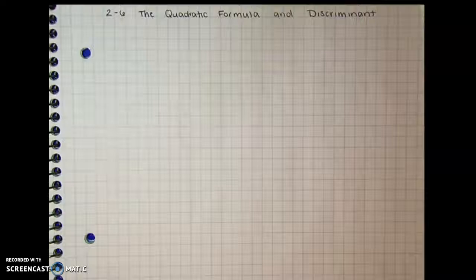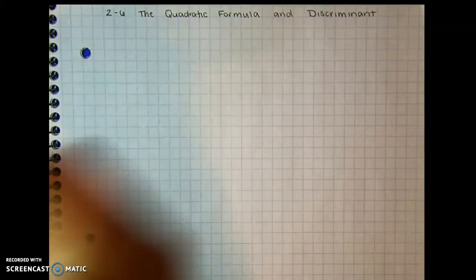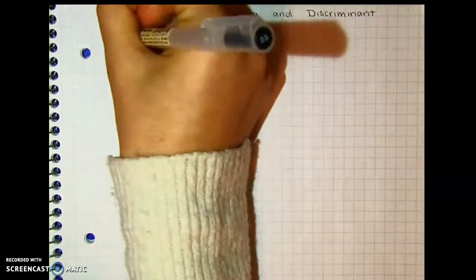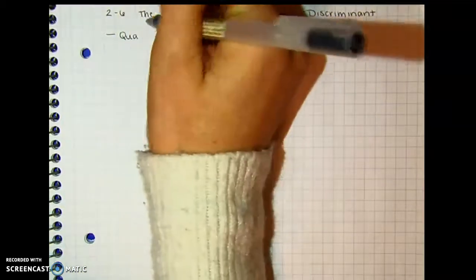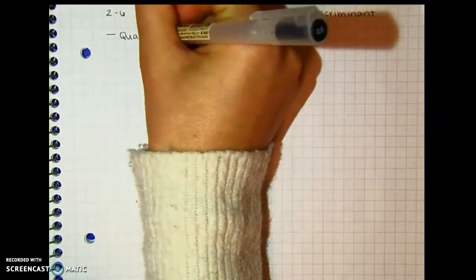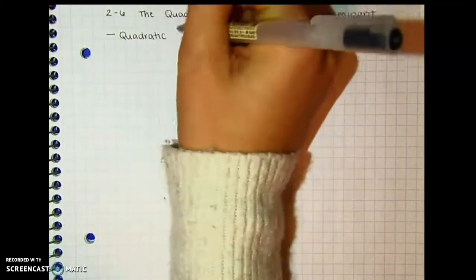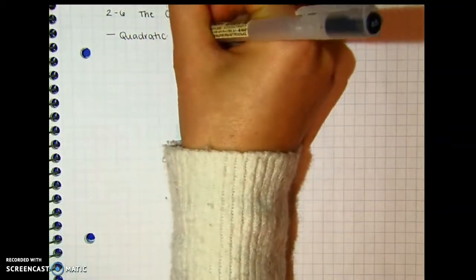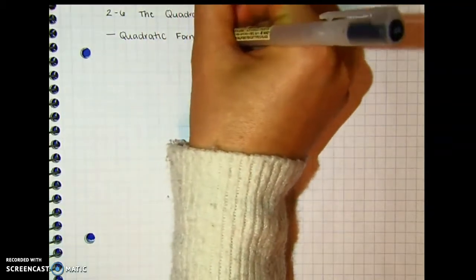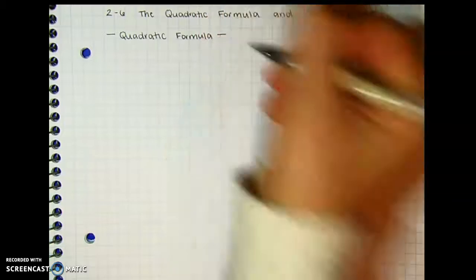Hey Algebra 2. In this video, I'm going to be reviewing the quadratic formula and the discriminant. You learned this back in Algebra 1. So, the quadratic formula is nice because if there are solutions to a quadratic, you can always use the quadratic formula, although it can be more work.